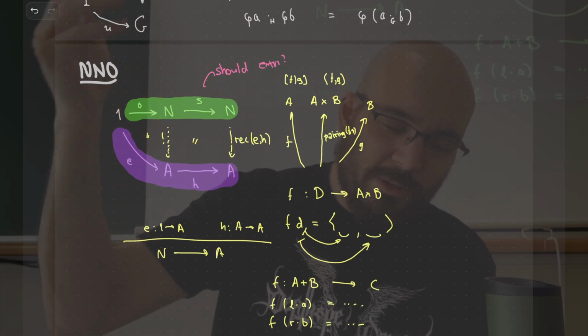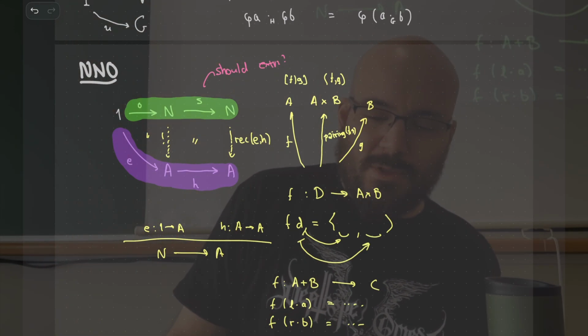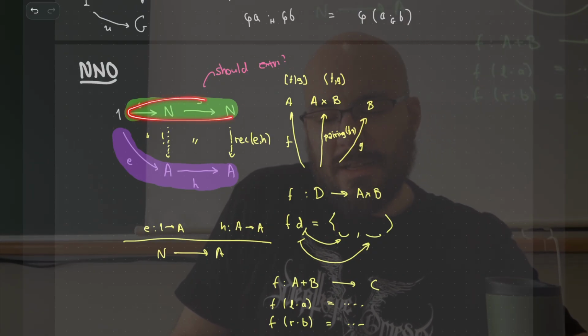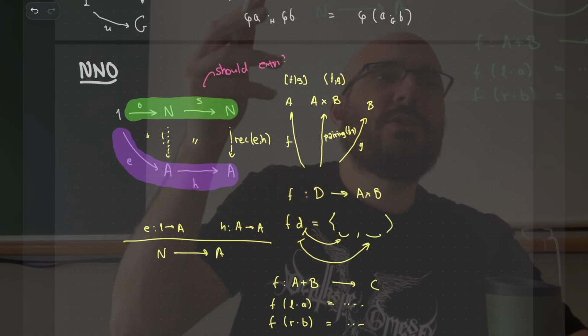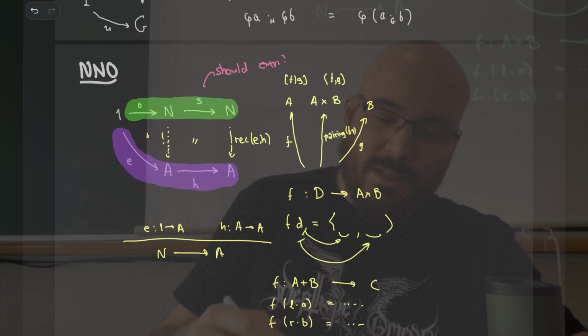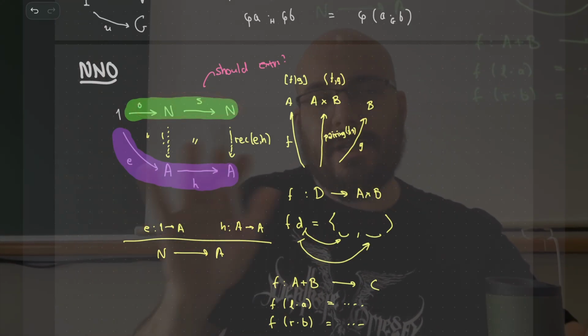I mean, you shouldn't need to, because we already know that initial objects are unique. So you have two options here. Either you go through the trouble to see that you have a category of natural number objects inside your category, and this is initial, so it's unique and you're done.